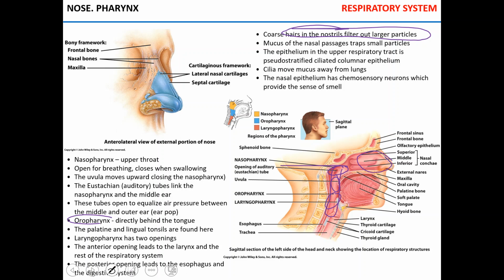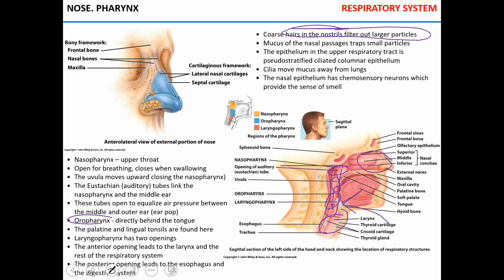When somebody swallows, the food enters the oropharynx and goes down into the laryngopharynx. The structure called epiglottis, shown here, closes the entrance into the larynx when we swallow, therefore preventing the food from entering into the respiratory passages.